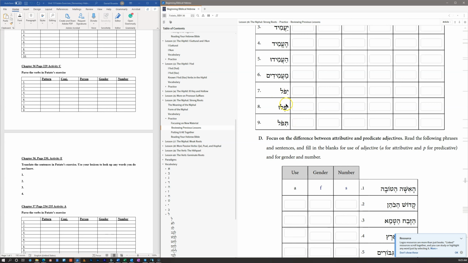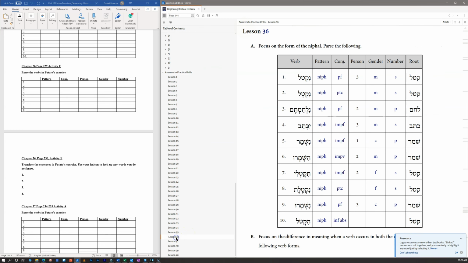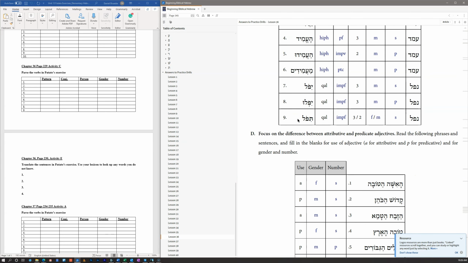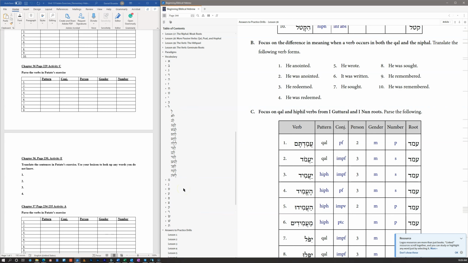We've got 3ms, 3mp, and then here we've got either 3fs or 2ms. Again, all of these are for Niphal. And just to make sure I didn't miss anything, we will go ahead and check the answer key here. Yep, cal, imperfect, so we got that. All right.